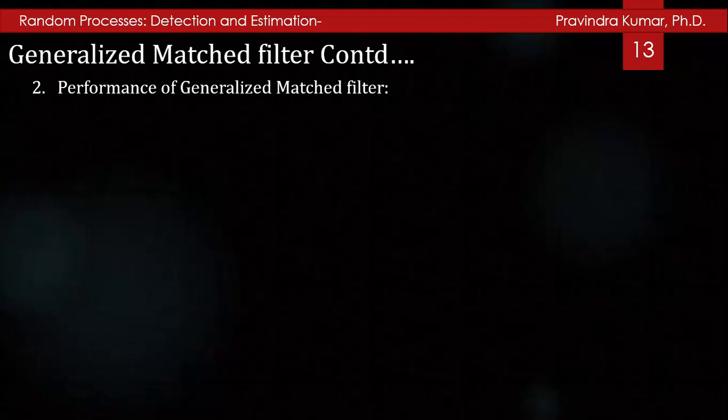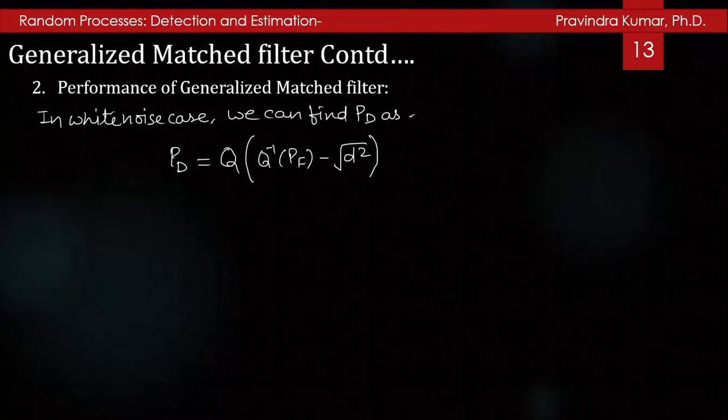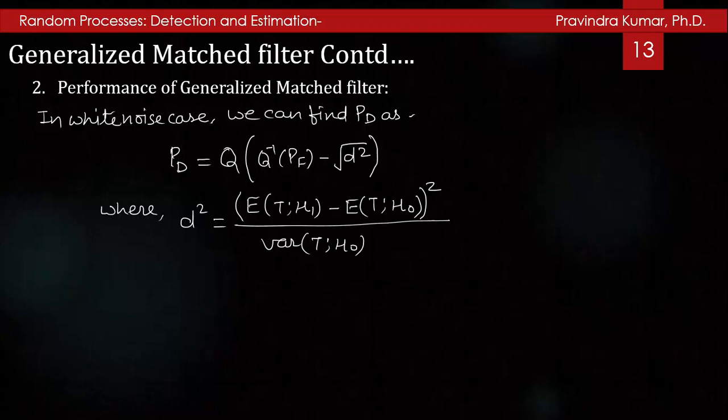As in the white noise case, we can find the probability of detection, and it is Q inverse of probability of false alarm minus D square. D square is the deflection coefficient, which is the expected value of the test statistic under H1 minus the expected value under H0, whole square, divided by the variance under hypothesis H0.